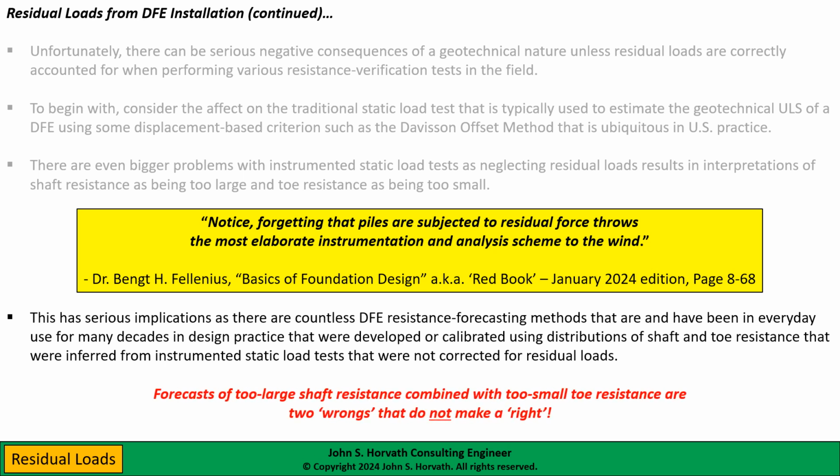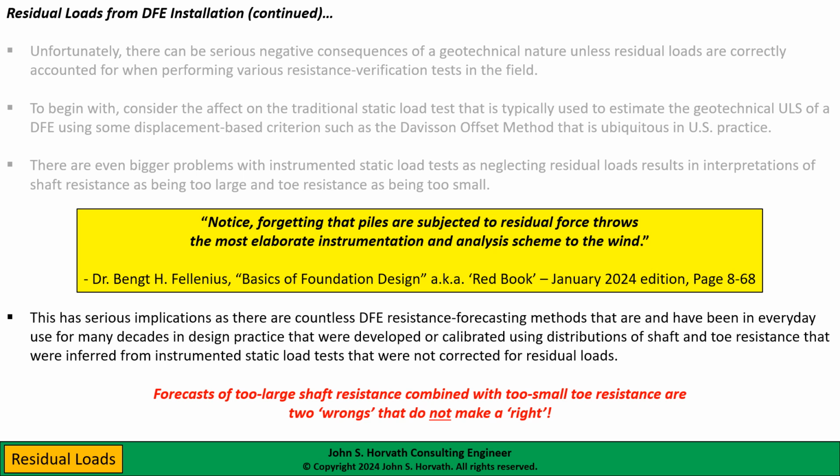It's important to understand that these forecasting methods tend to overpredict shaft resistance and underpredict toe resistance, but these two wrongs do not make a right.